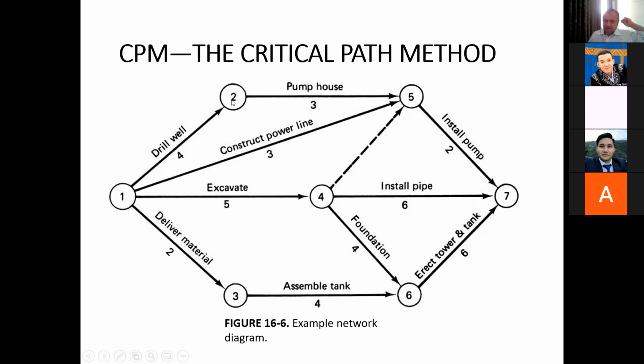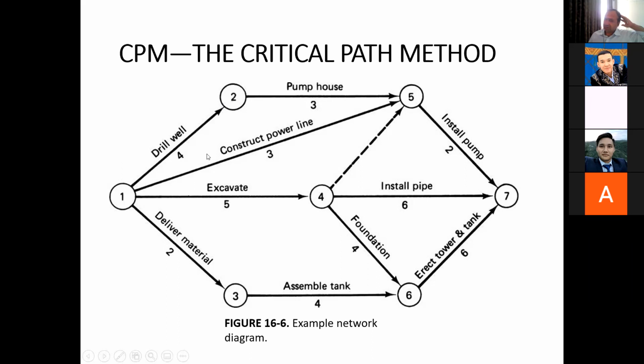The numbers in the circle are the event numbers. The purpose of showing these numbers in the circles is to identify the activities. So for example, this drill well activity can be identified as activity 1, 2. There is no other activity 1, 2 in this. If I say activity 1, 2, it's just for reference, for identification purposes.